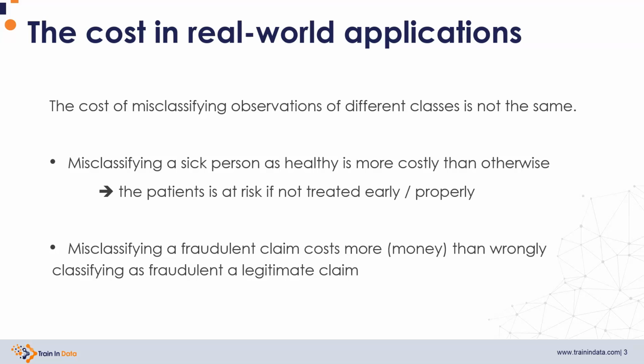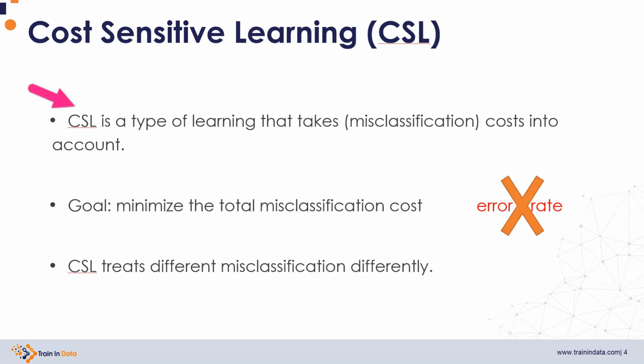So we can't afford really to classify a sick person as healthy. In insurance, for example, misclassifying a fraudulent claim costs more, and in particular more money, than wrongly classifying as fraudulent a legitimate claim. Cost-sensitive learning takes costs, such as the misclassification cost, into consideration.